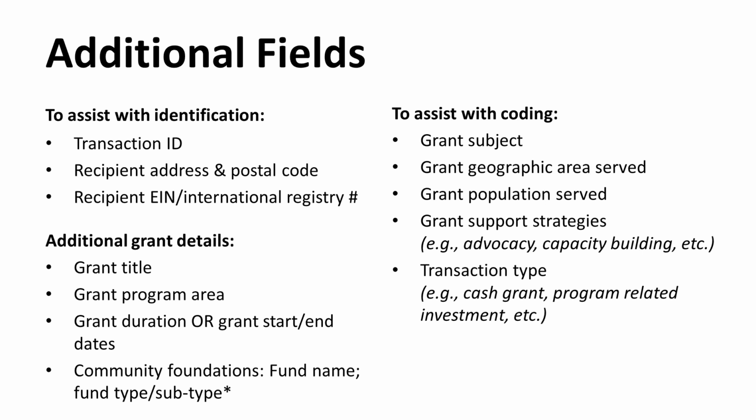Now, I should mention that if you have your own taxonomy for these facets, you can share that coding, but you can also use our taxonomy, and I'll provide a link to that at the end. If this type of information isn't provided, basically we try to extract this coding from the data that you have submitted, such as the grant description or what we might already know about the recipient that you're providing funding to.